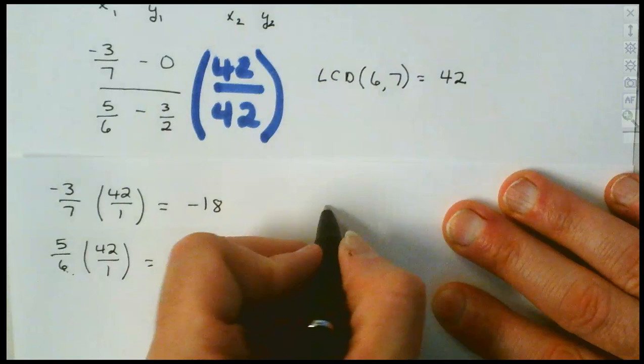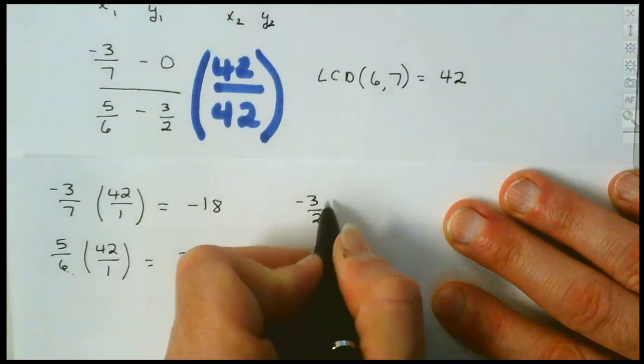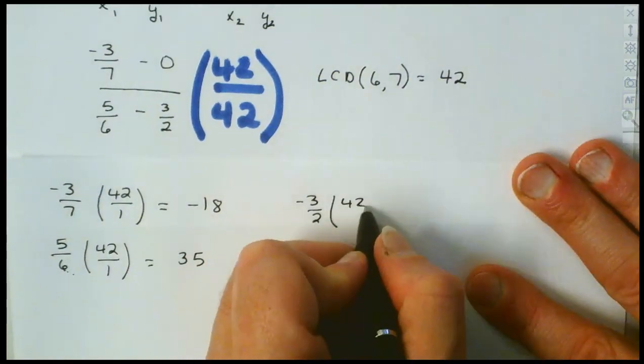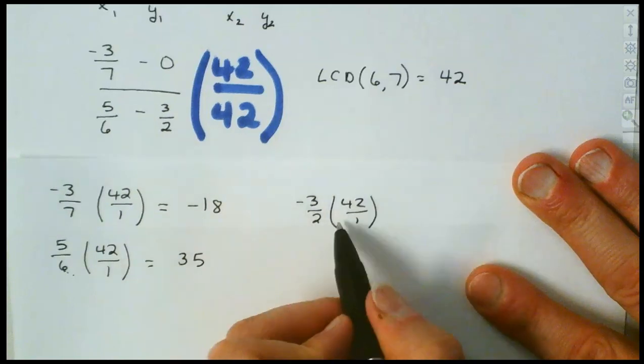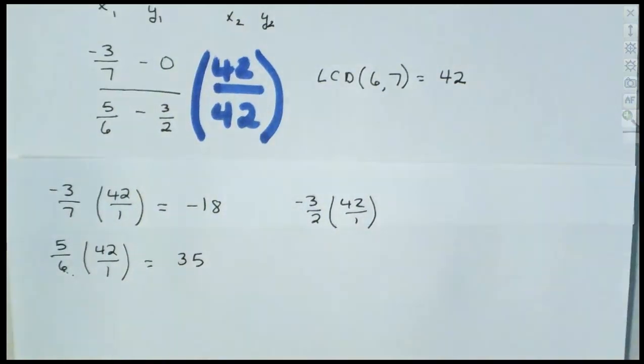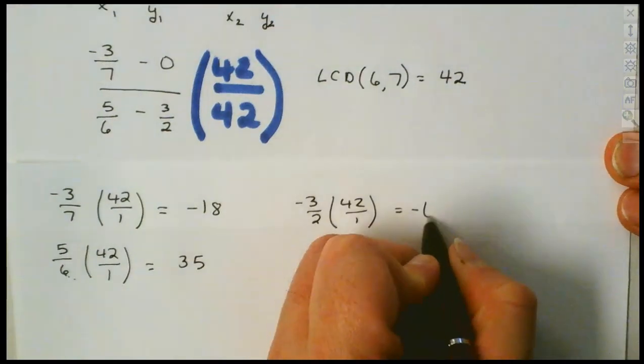Our last piece is going to be minus 3/2 times 42 over 1. 42 divided by 2, that should be a 21, right? And then 21 times 3 should be 63. So it should be a negative 63, I believe. Let me double check: 42 divided by 2 is 21 times that negative 3. That makes it a negative 63.